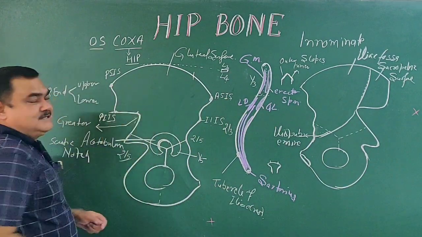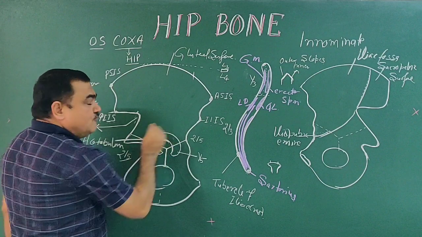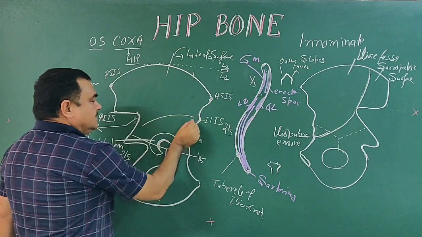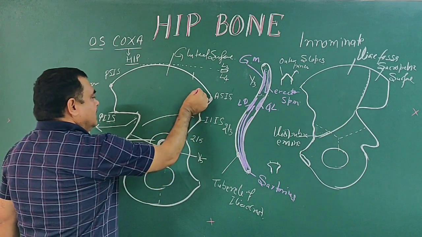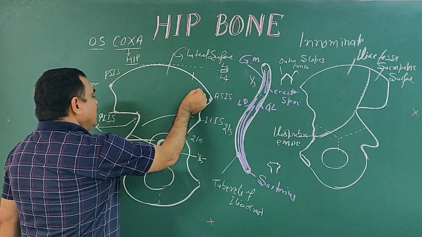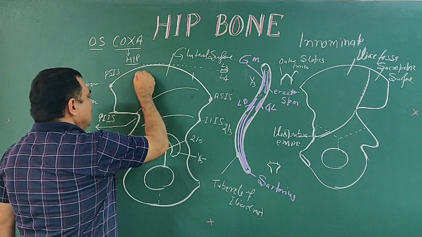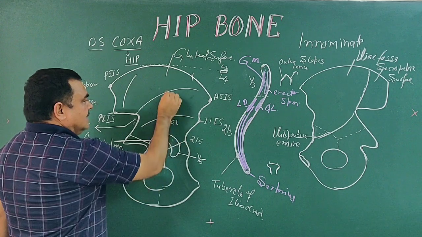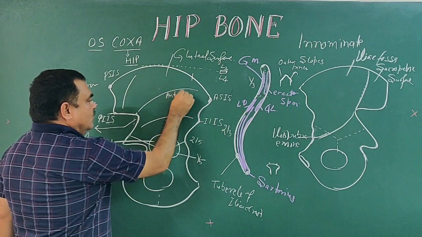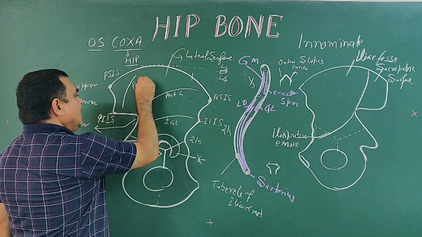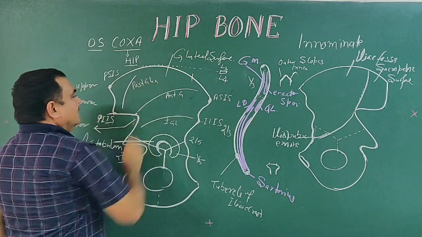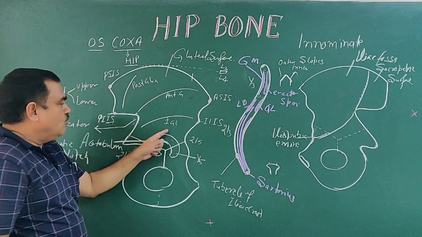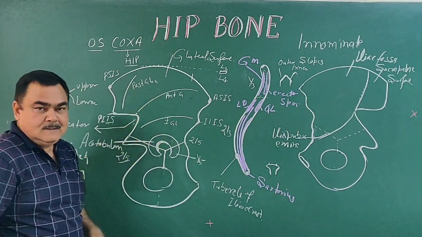The gluteal surface is divided into four parts by three lines: the inferior gluteal line, anterior gluteal line, and posterior gluteal line.